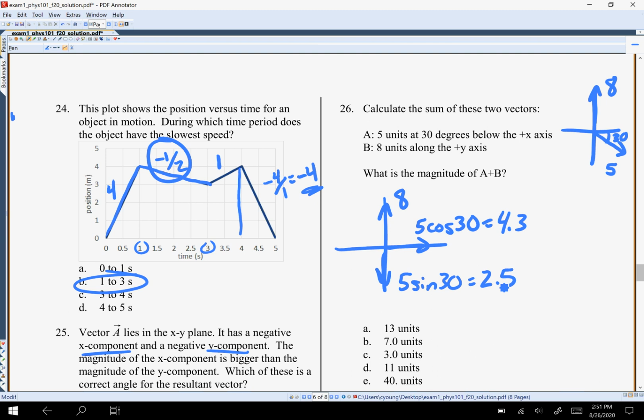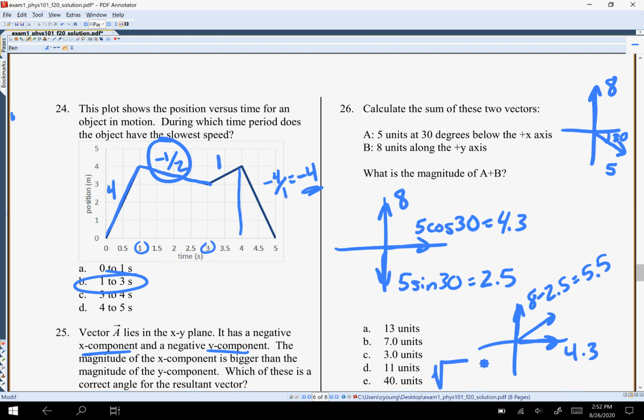And now I'm going to combine like vectors. So all the y component vectors I'll combine, and it's going to be 8 minus 2.5, which is 5.5, and then 4.3. And now I know that my resultant vector has to be somewhere in this first quadrant. Although I'm not asking for an angle, if I were, I could know that that angle is between 0 and 90 degrees.